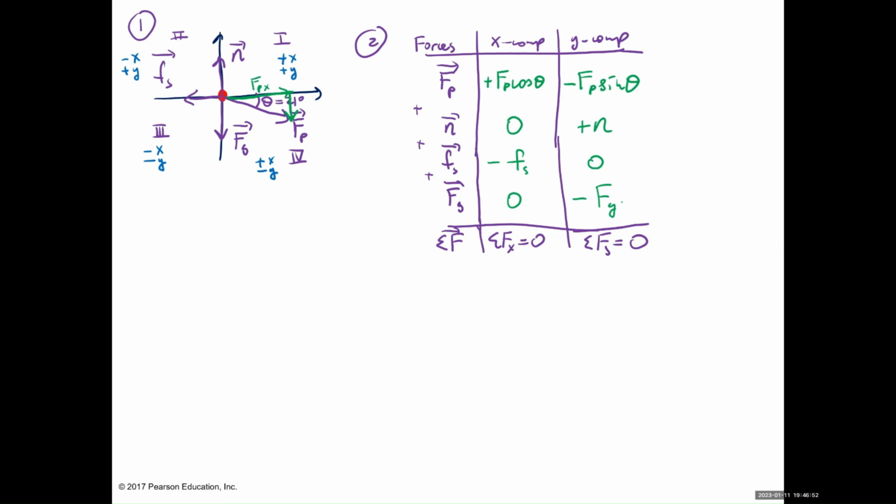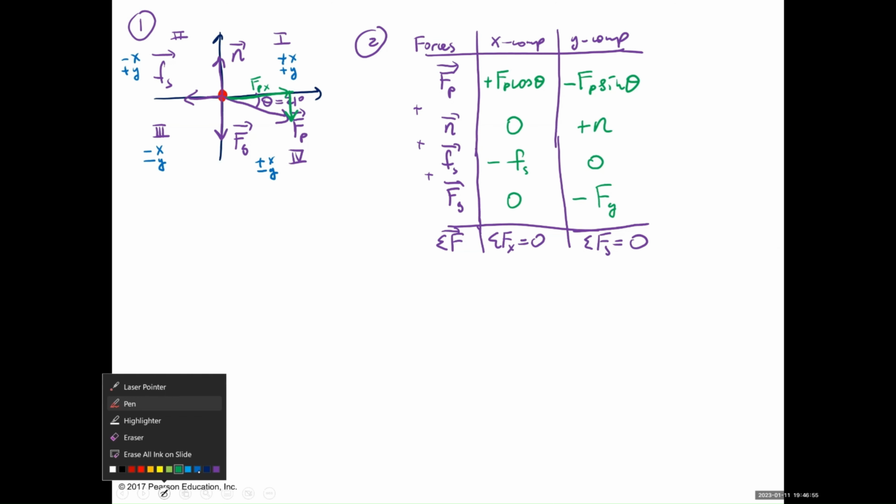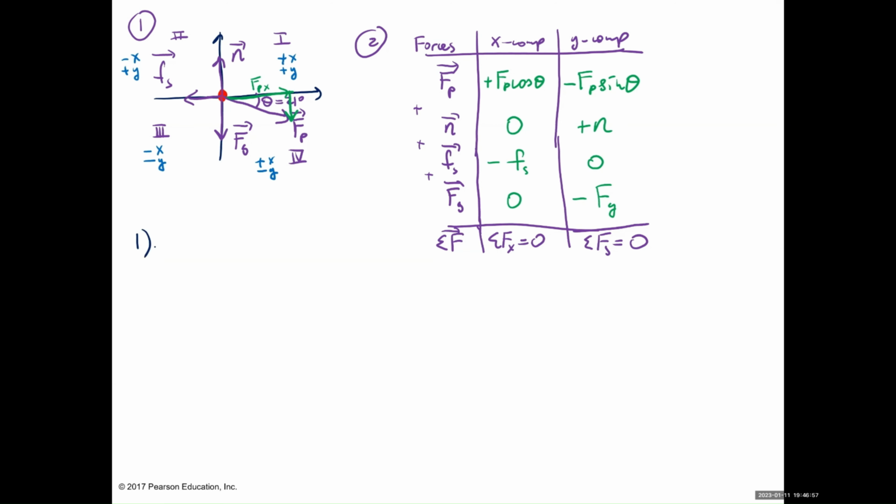Okay. Now let's take this information and put it in step 3 where I set up my equations. In the x direction, I have Fp cosine theta minus static friction equals 0.